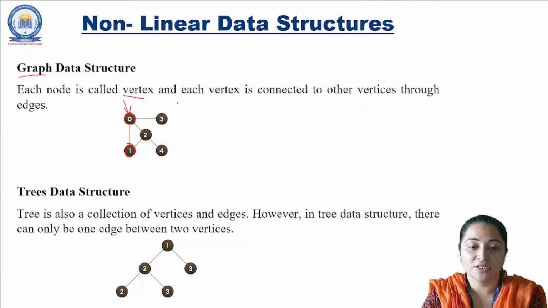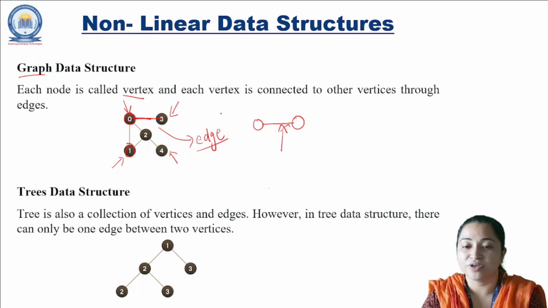These are different vertices and they are connected through this straight line that is called an edge. So these are two vertices and this is the edge. This type of structure is called a graph data structure, in which elements are stored randomly. It does not follow any sequence.